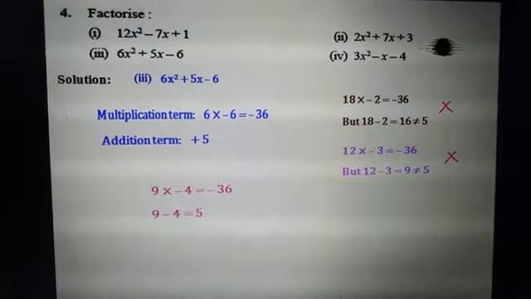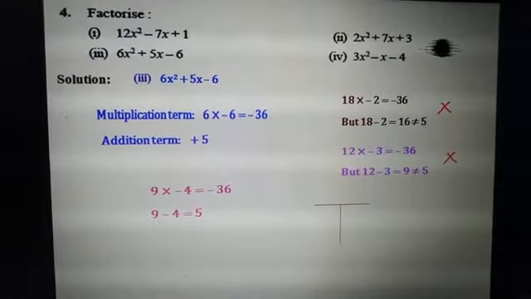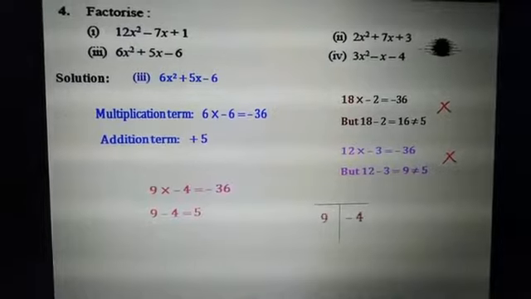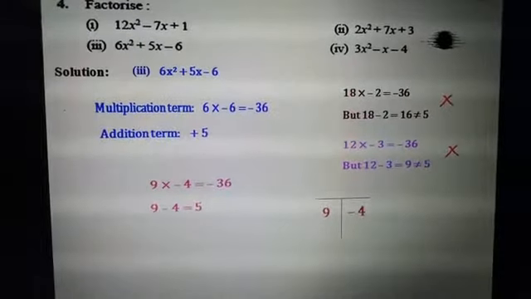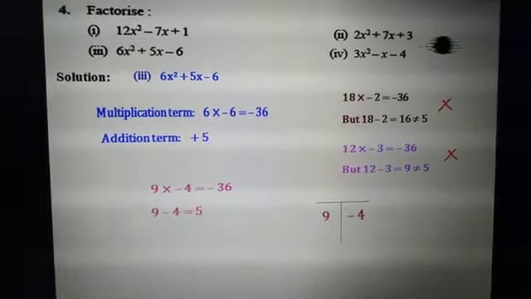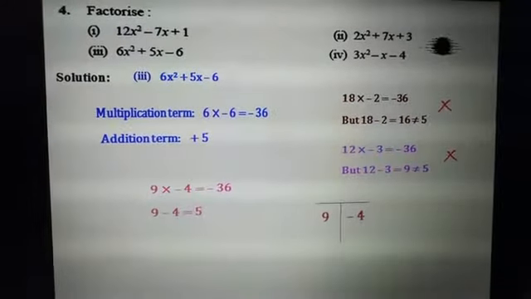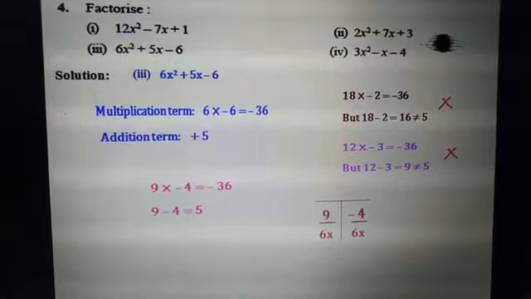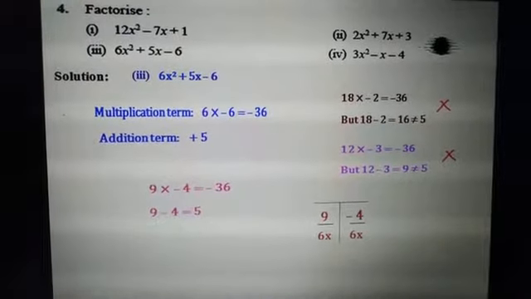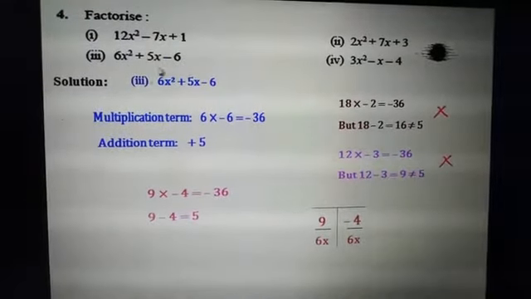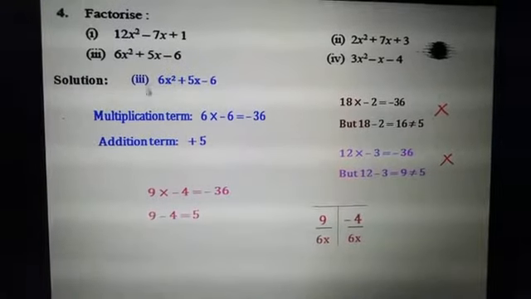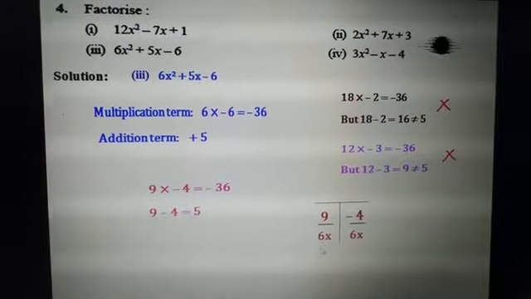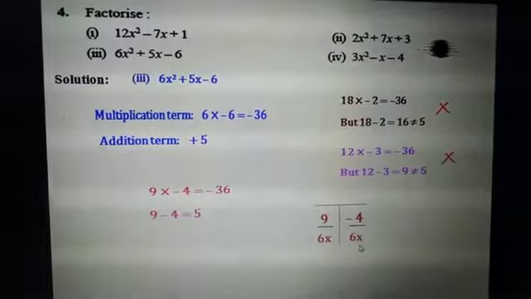So first we have to put a line like this and write the two numbers that we found, that is 9 and minus 4. So next, by 6x we want to write. Why? Because in the given sum the first term is 6x squared. Therefore we should write here 6x as I already said.